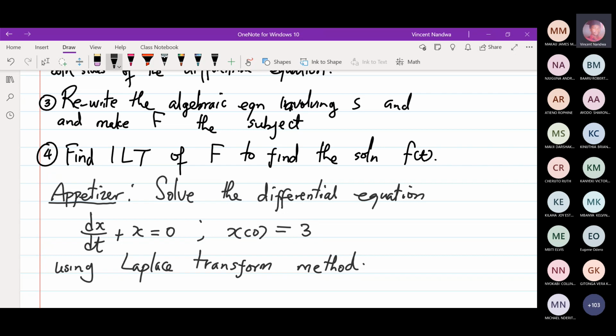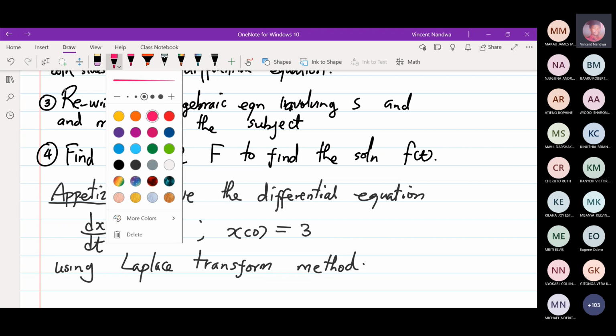But that's not how we're going to obtain our answer. That was a method that we've done in second year, but now let's see how we can solve this by the Laplace transform method.